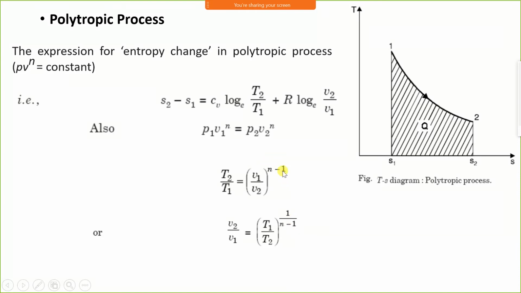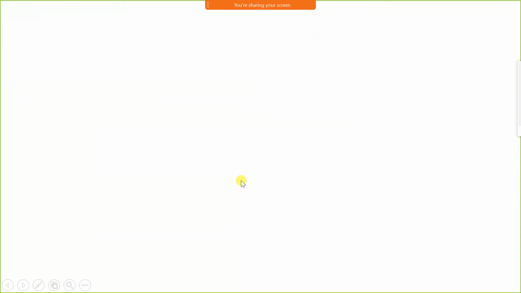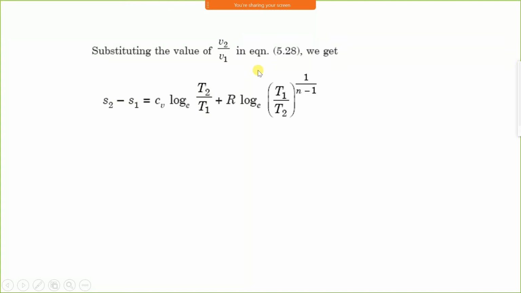Only we have taken this term on the temperature. Substituting the value of V2 by V1 in the equation, S2 minus S1 is equal to Cv log base 2 T2 by T1 plus R log base 2 (T1 by T2) raised to power 1 upon n minus 1. Now we can take R equal to Cp minus Cv.